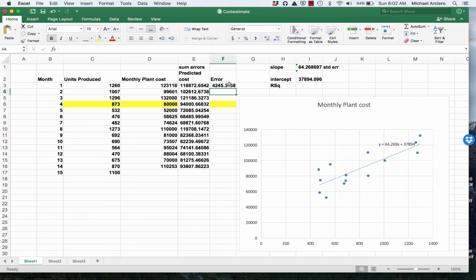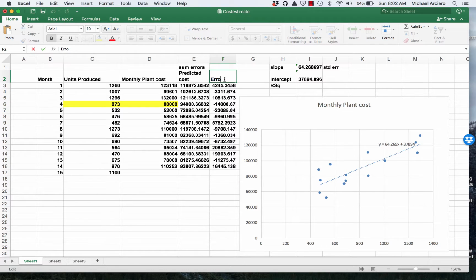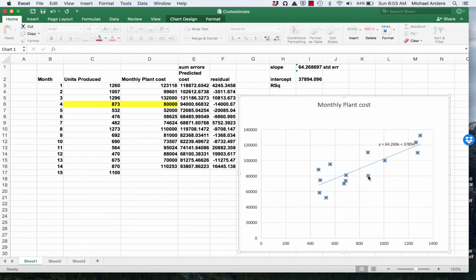Those are actually the residuals. Calling it the error here, but we might as well call it the residual. Okay. So for example, our fourth item here, the residual is minus 14,000, and we can see that that value of 800 lies below the line, so it's a negative residual.